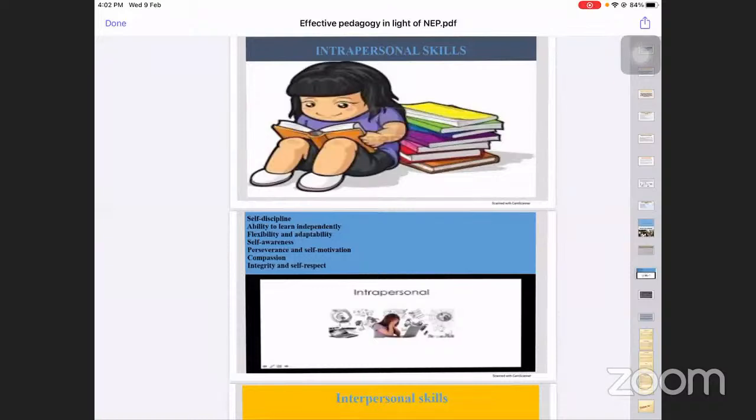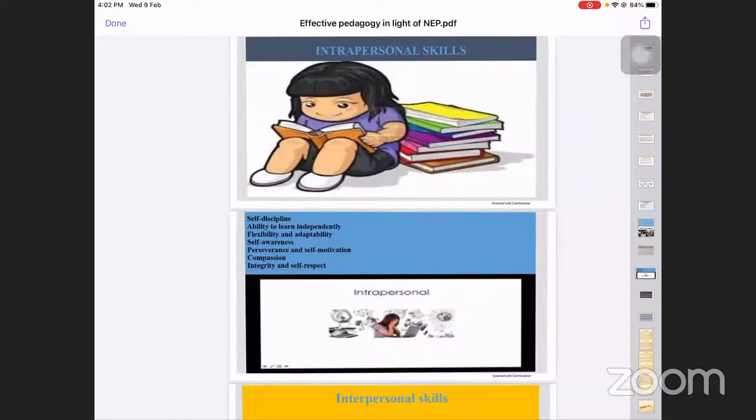Self-discipline, ability to learn independently, flexibility and adaptability, self-awareness, perseverance and self-motivation, compassion, integration, self-respect. These intrapersonal skills are developed with the help of ICT.